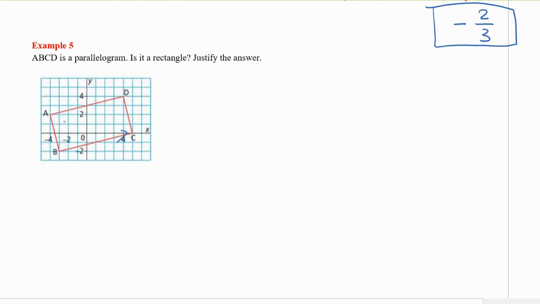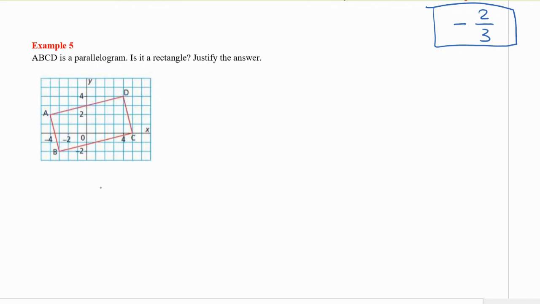But to become a rectangle, it should have 4 right angles. That means AD and AB are perpendicular, AB and BC perpendicular, BC and DC perpendicular. So all the lines are perpendicular.